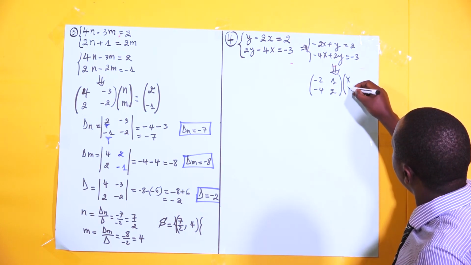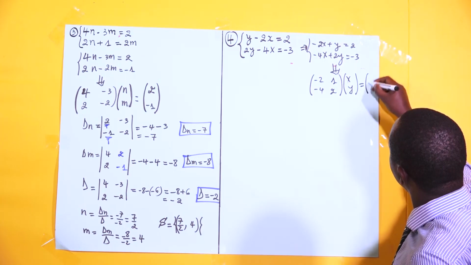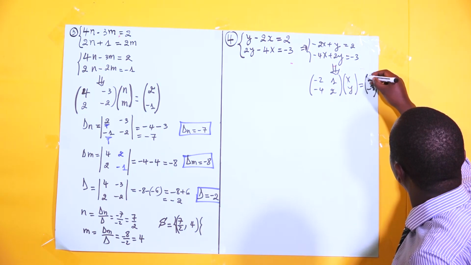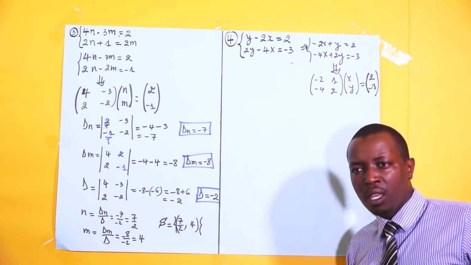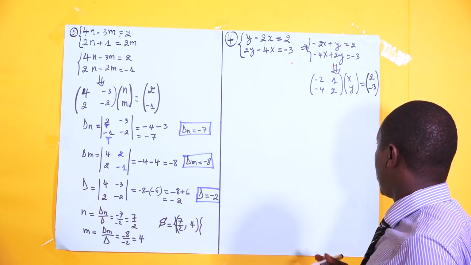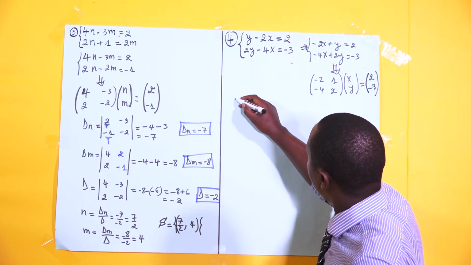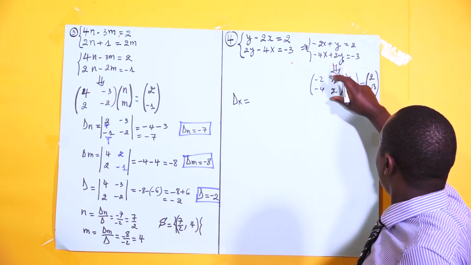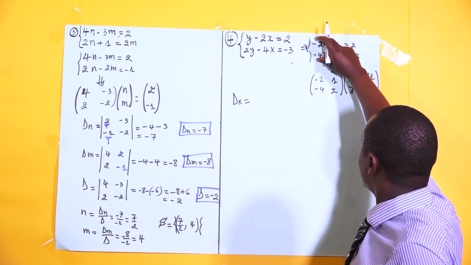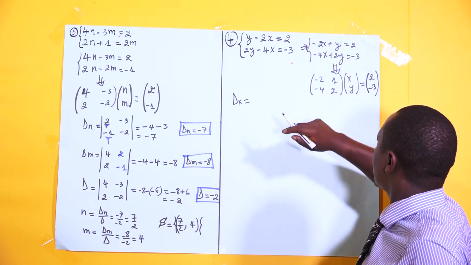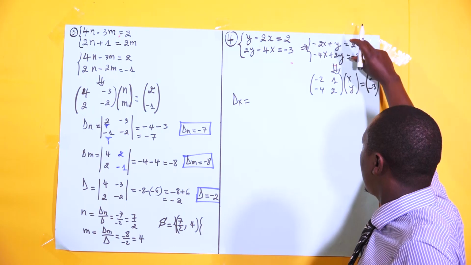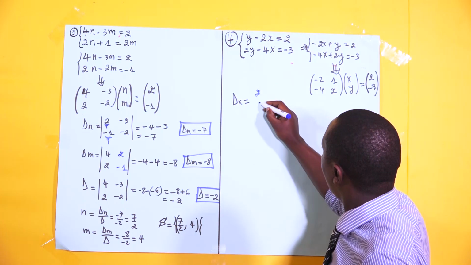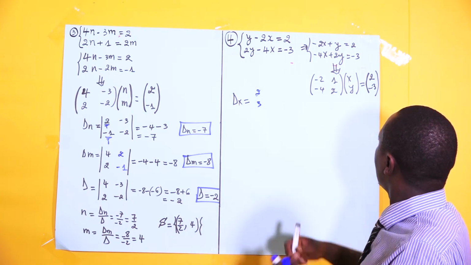When you multiply by x and y, this gives us 2 and negative 3, isn't it? So we are going to find the determinant for x. The determinant for x equals, the column of x is substituted by these ones, so it's going to be 2 and negative 3.